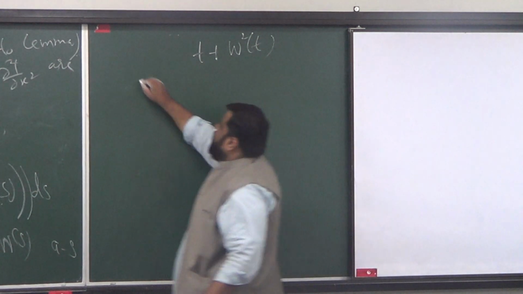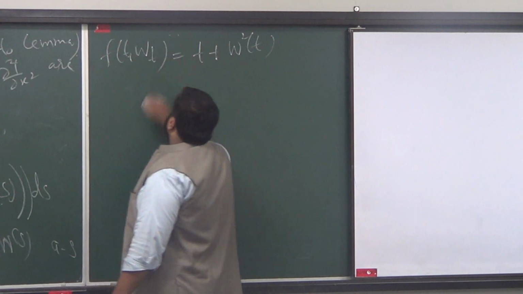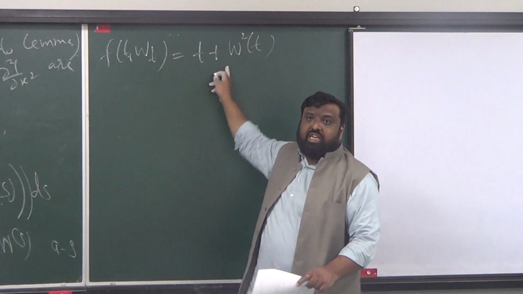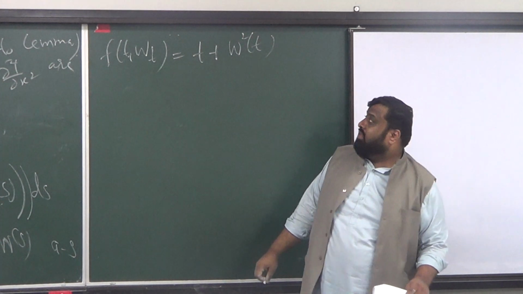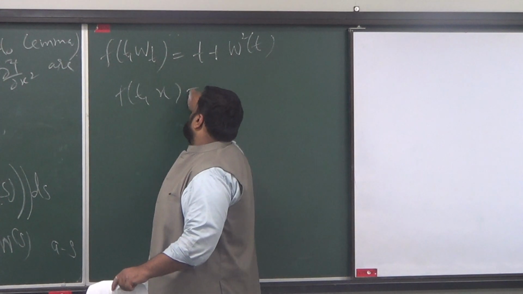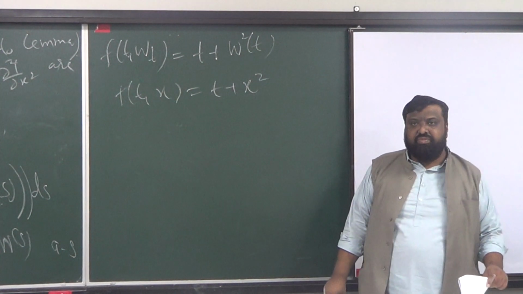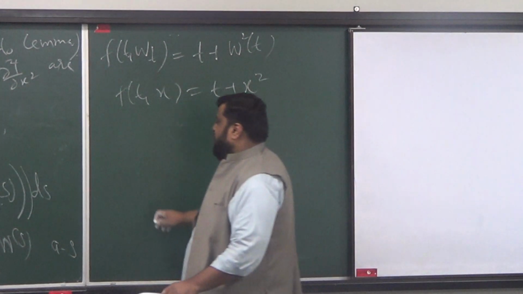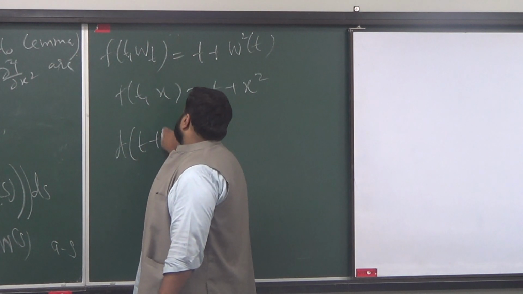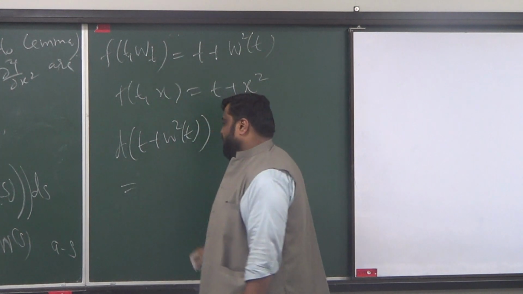So that doesn't work. How would this behave over time? What would be the dynamics of such a function? Your f of t, x is really t plus x square. Then the dynamics of t plus w square of t is equal to what?